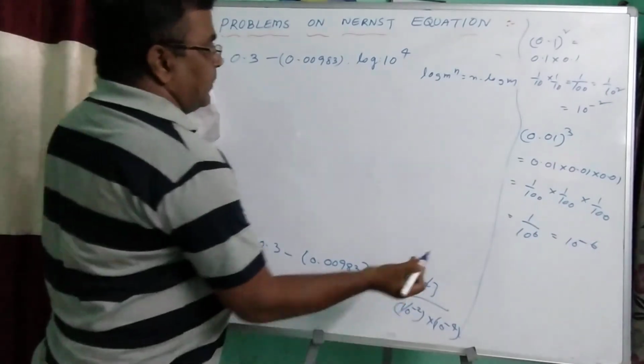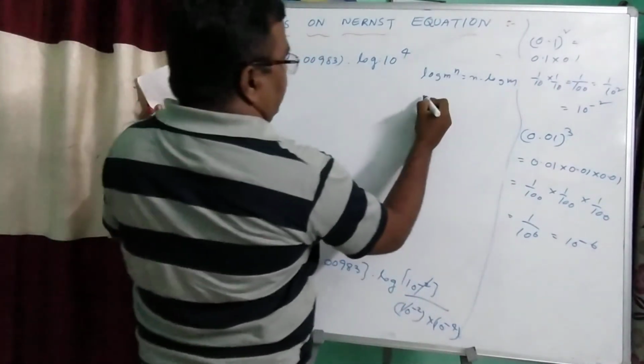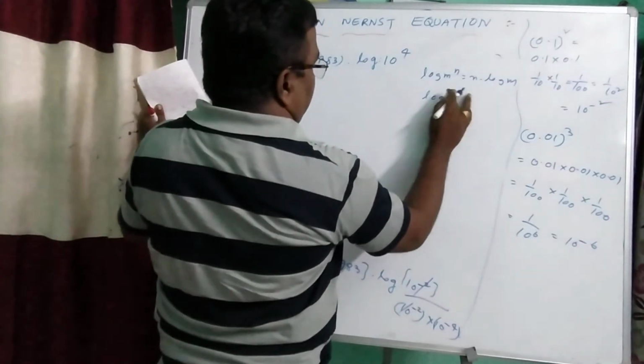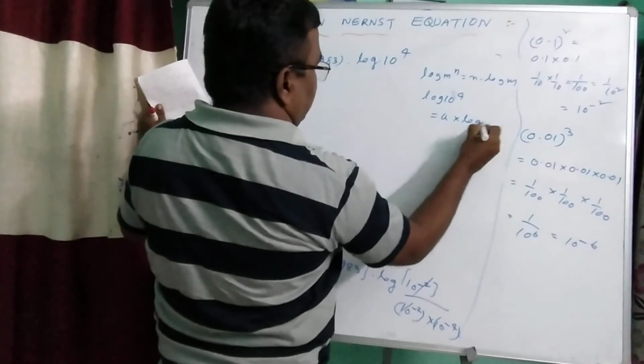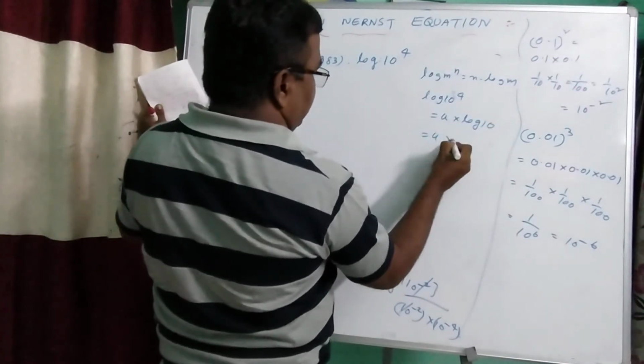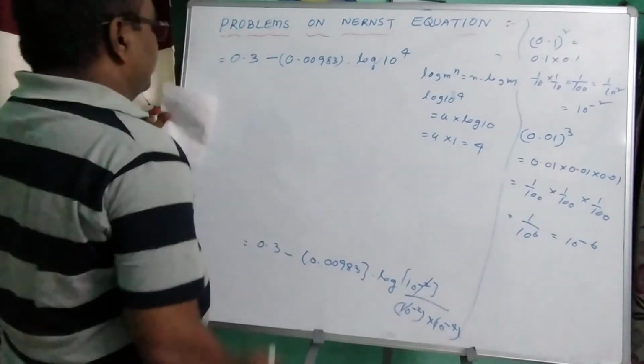Therefore log 10 power 4 is equal to 4 into log 10, and log 10 value is 1, so the total value is equal to 4.